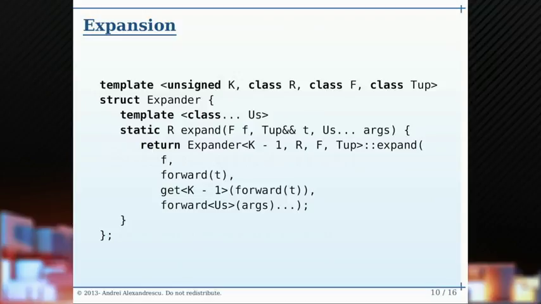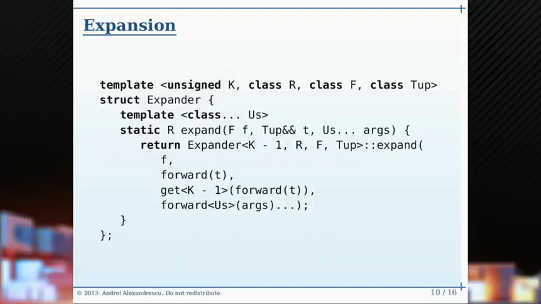One step in the expansion, which is going to say, well, return expander, bump the counter down, take the last argument and forward it. That's get. Take the tuple and forward it, so just pass it along. The interesting part is get of the last field of the tuple, k-1, and forward the tuple to it.